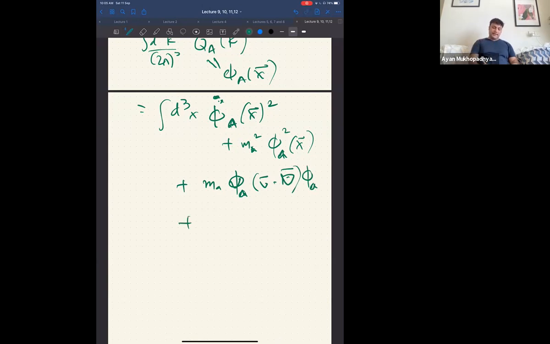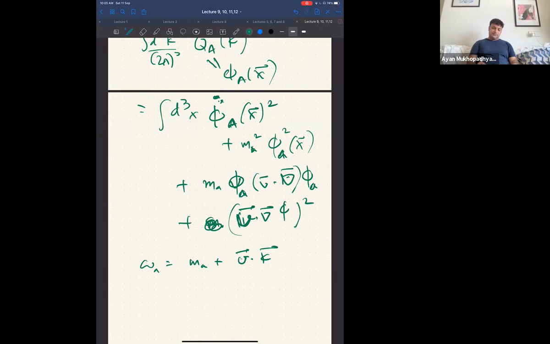If I go to Fourier space, there will be something like v dot grad phi whole square. Sorry, there's no ma then. I'm just simply expanding omega a is equal to ma plus v dot k.